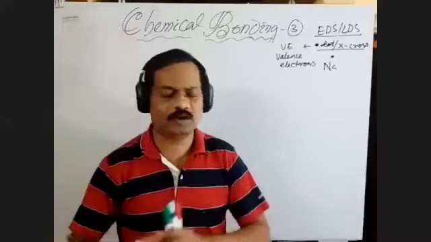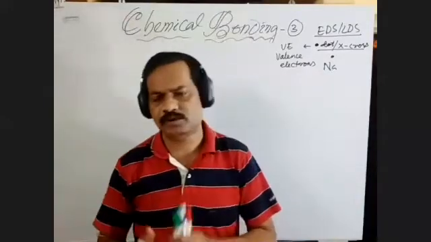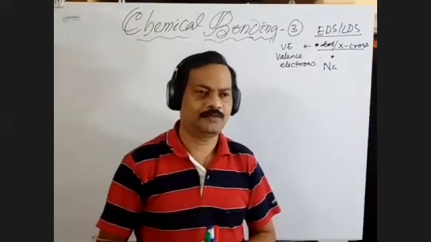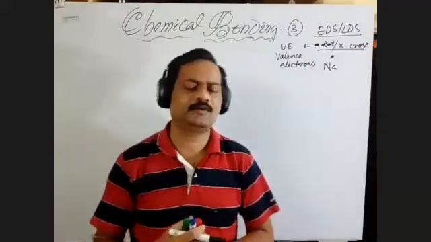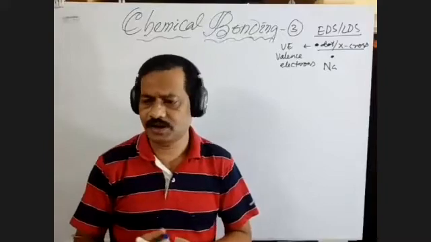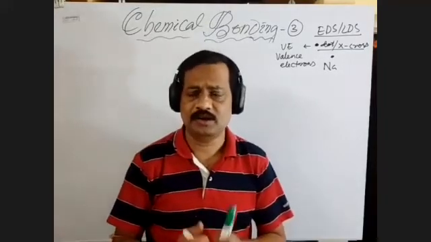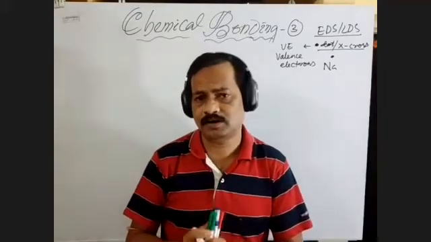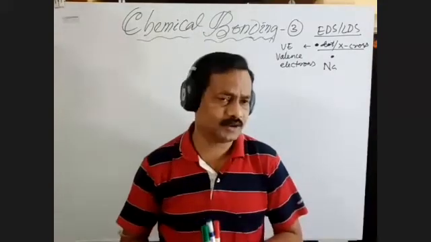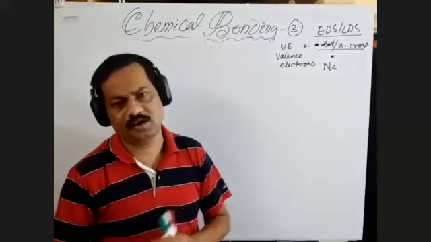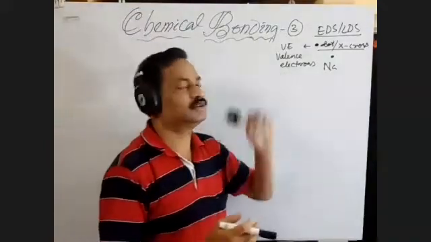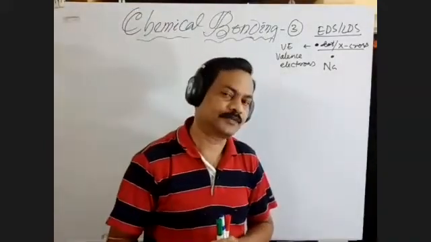One is called outermost, one is called innermost, one is called penultimate. The outermost shell of the atom is called the valence shell. The electrons which are present in this outermost shell or valence shell are called valence electrons.